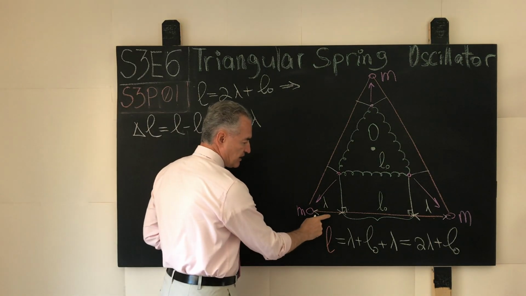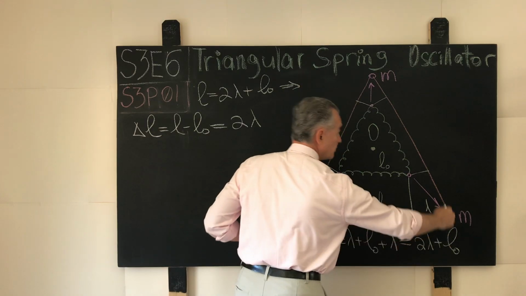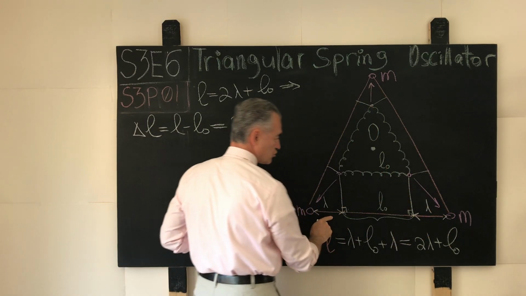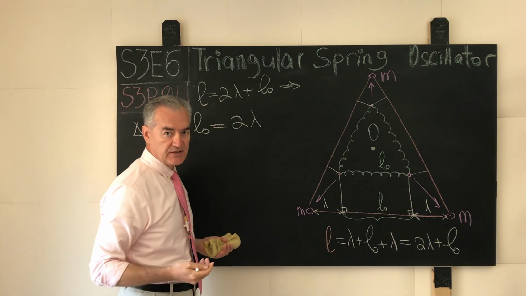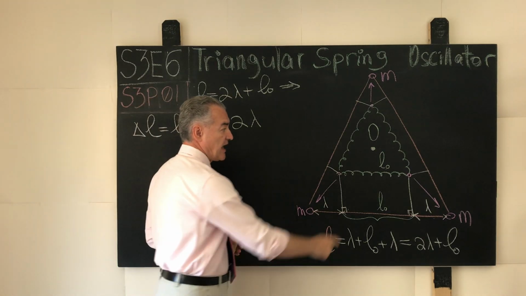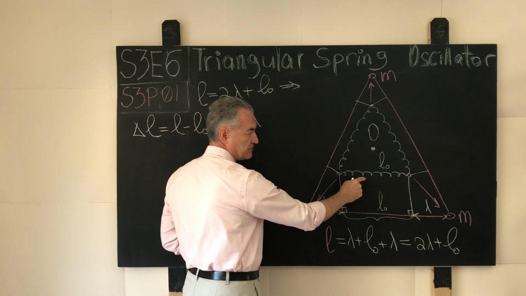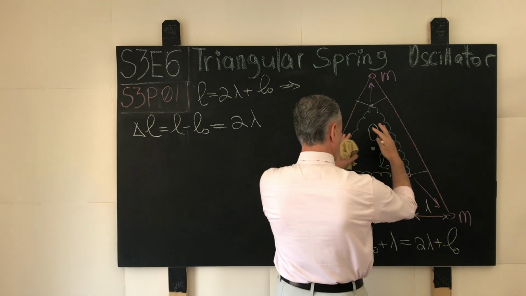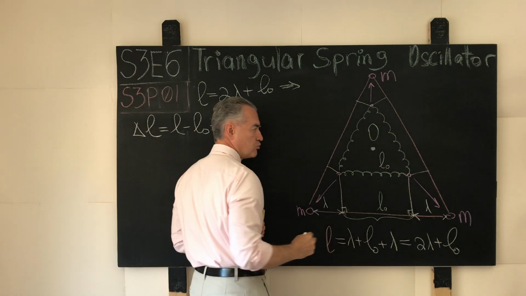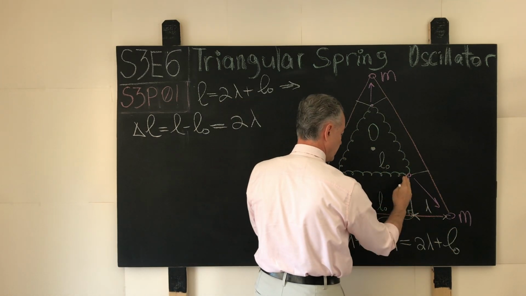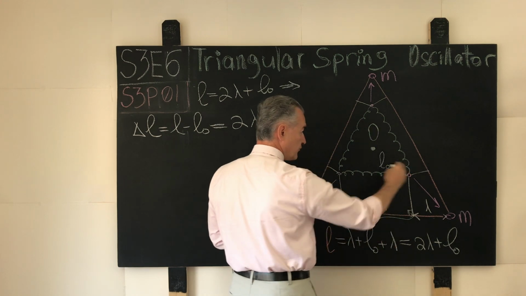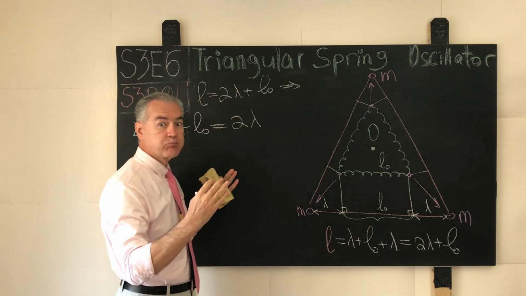So let's say this outer equilateral triangle shown in red represents that state of equilibrium, the neutral state, and the smaller triangle inside represents the compressed system, where the length of each ideal spring that forms our system is compressed.